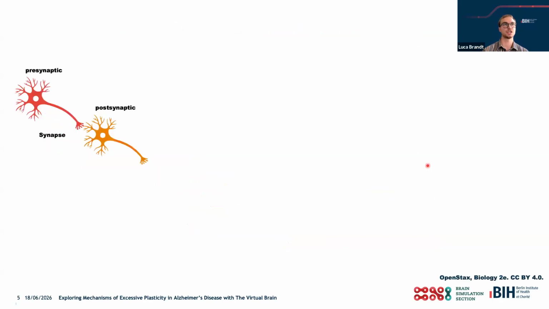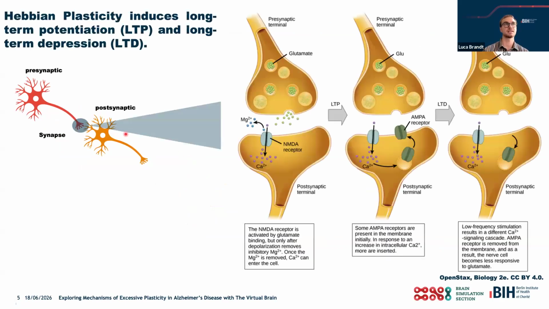Just to give you a short introduction to the molecular basis, looking at the synaptic connections, what really happens on that scale. Hebbian plasticity can induce long-term potentiation, so strengthening, and long-term depression, which is weakening of synaptic connections. First, what happens when the connections strengthen? Again, two neurons connected via a synapse. If the presynaptic neuron fires, glutamate is released from the vesicle into the synaptic cleft.